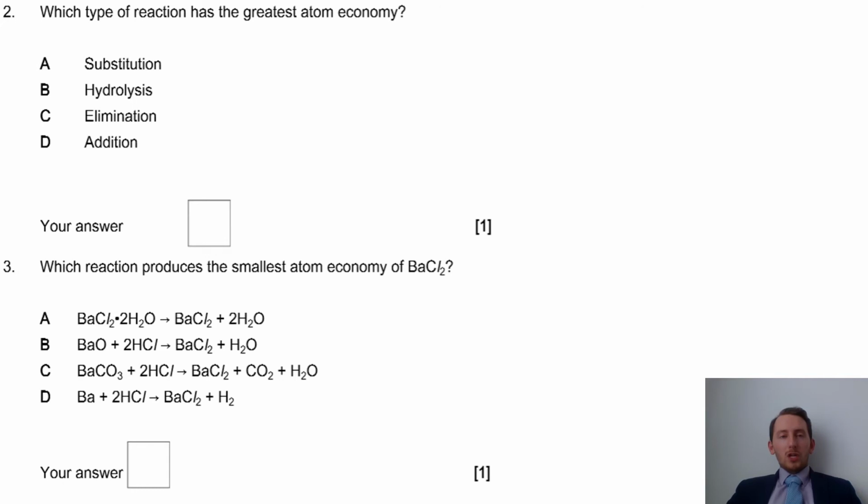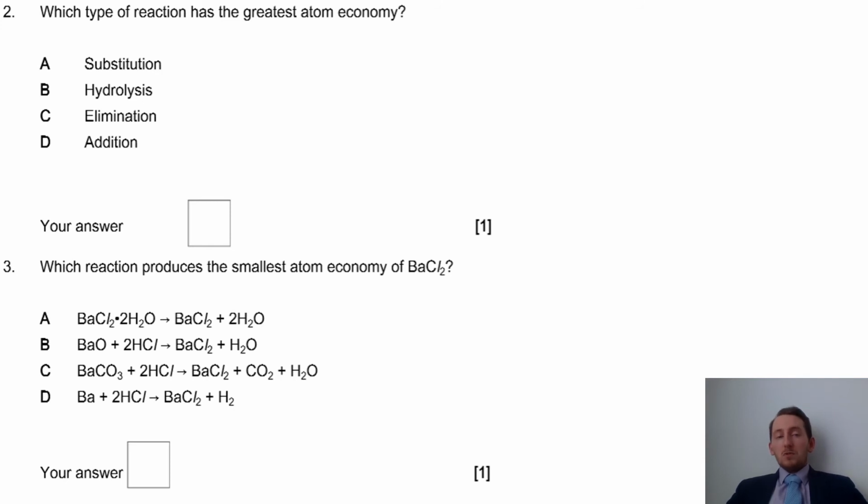Okay, and here we have question 2. It asks which type of reaction has the greatest atom economy. We've got our 4 different types of reactions there. Now, ideally we'd have a reaction where we don't get a bunch of other products, because then we have to take those into account of all the products that we get, so we've got to divide by a really big number. So we really want to divide by the smallest number possible, so ideally we won't have that many products.